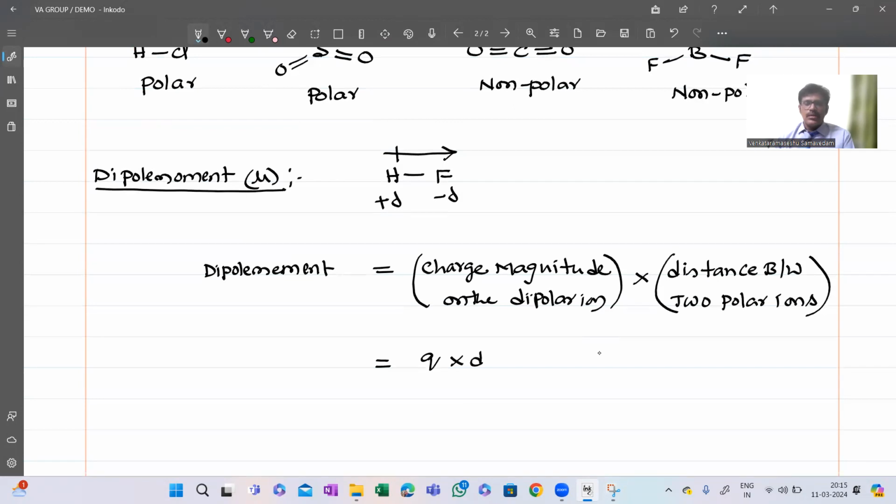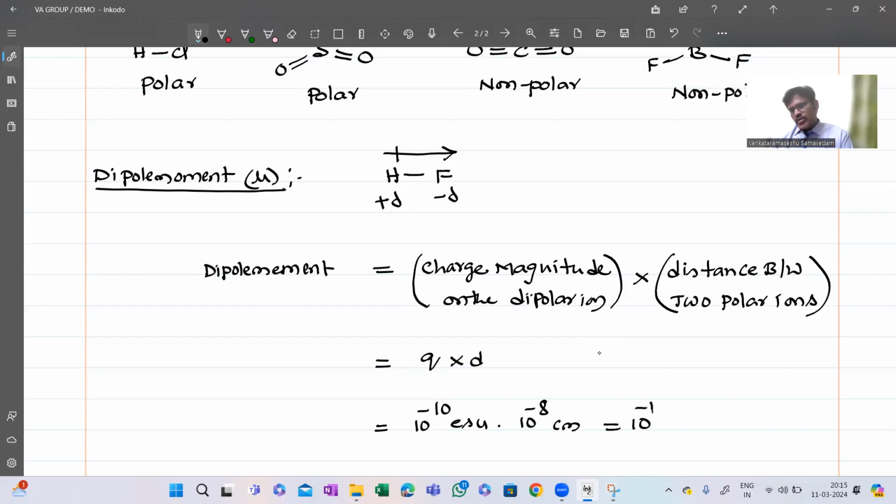So this Q, in general, they will take 10 power minus 10 electrostatic units, and D is about 10 power minus 8 centimeters.